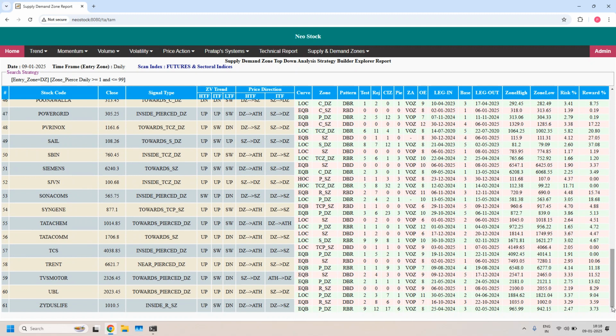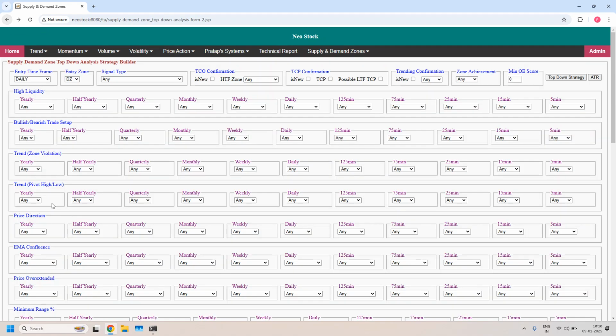Out of these 61, how many of these daily demand zones are having daily EMA confluence? Let us filter. This list might be useful to you when you are using third strategy in the pierced zone, that is new order flows inside the pierced zone.